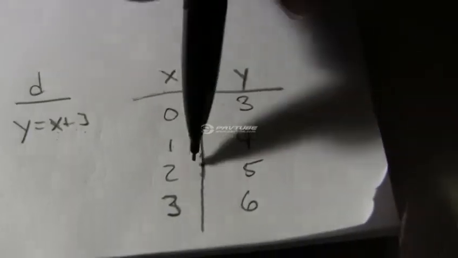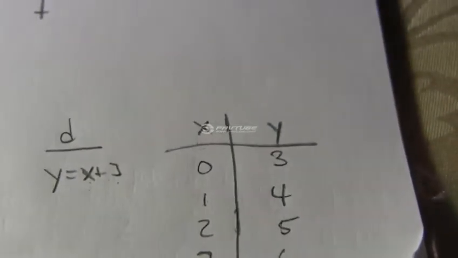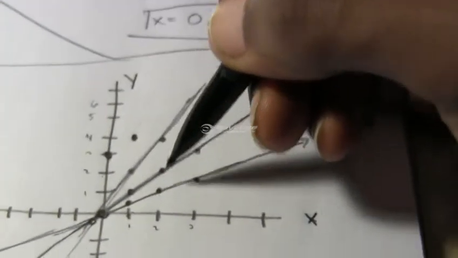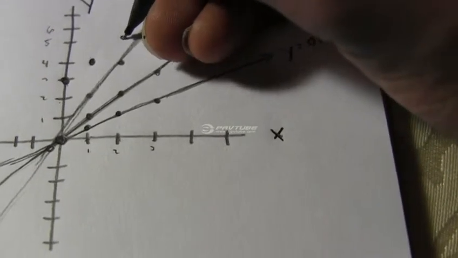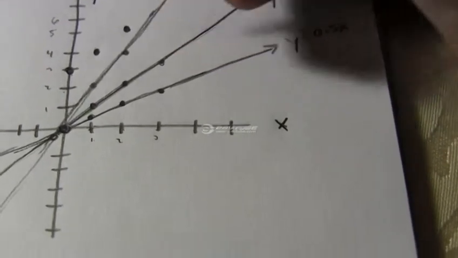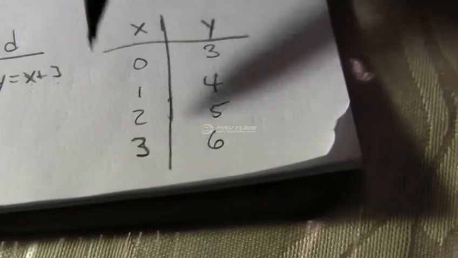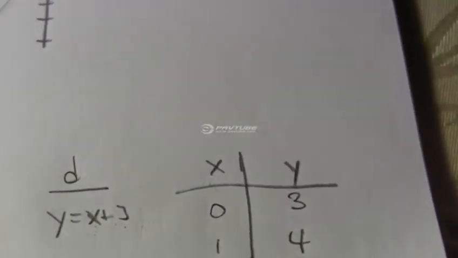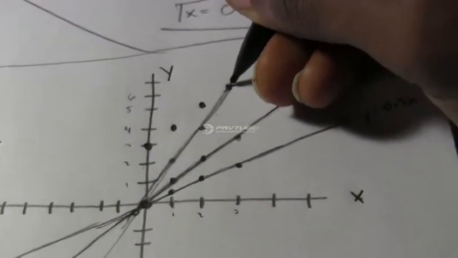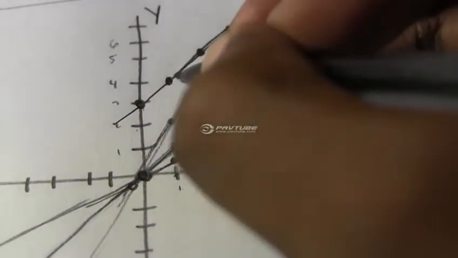Okay, that doesn't start to make sense yet. 2 is going to go to 5. And now our last one, 3, is going all the way to 6. Okay, so now we can draw our line, right?